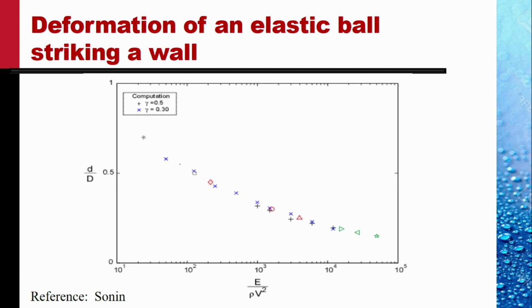With this single curve, we can predict the imprint diameter for any future experiment with whatever material, whatever size, and whatever velocity we impact a ball with. The imprint diameter can be predicted.